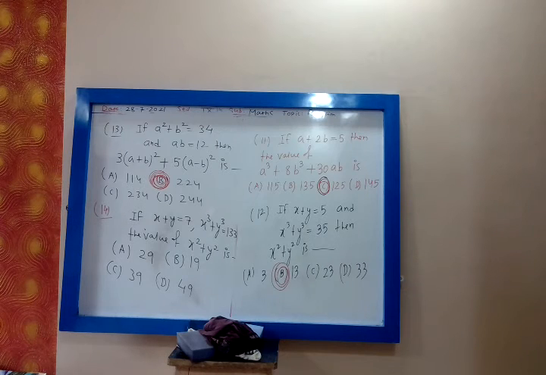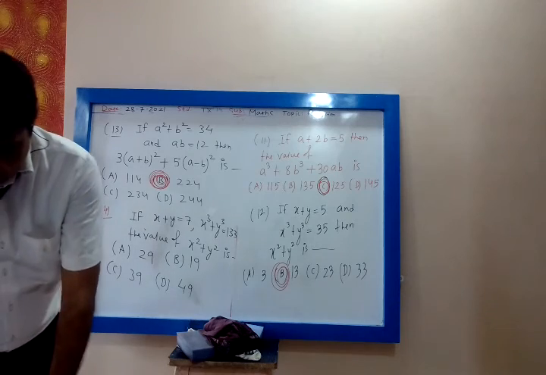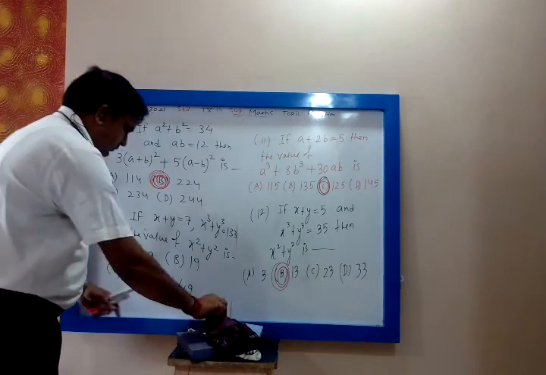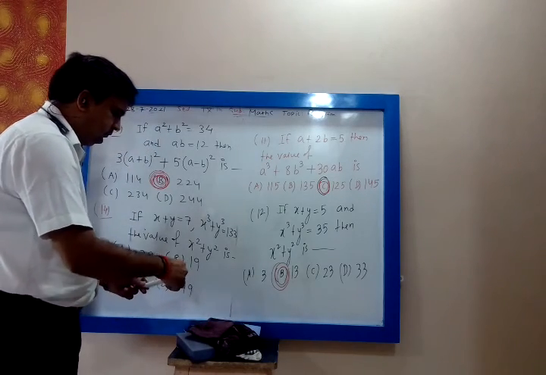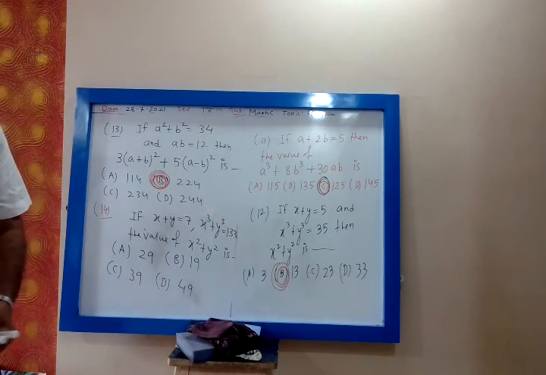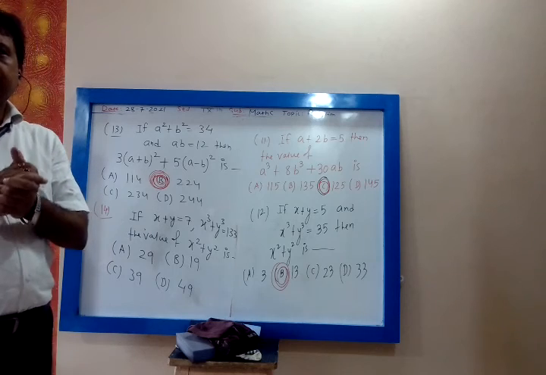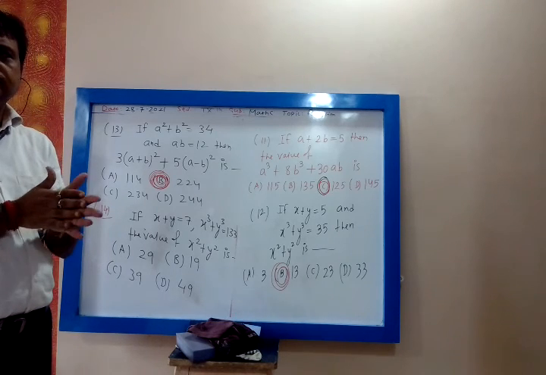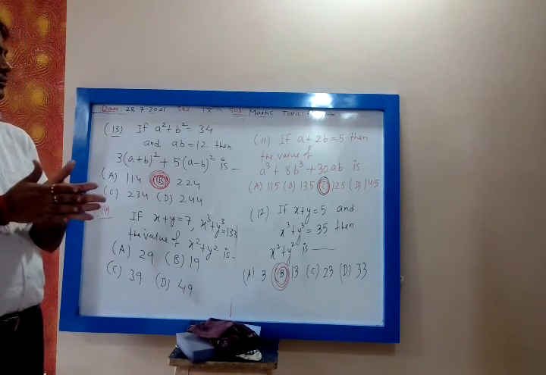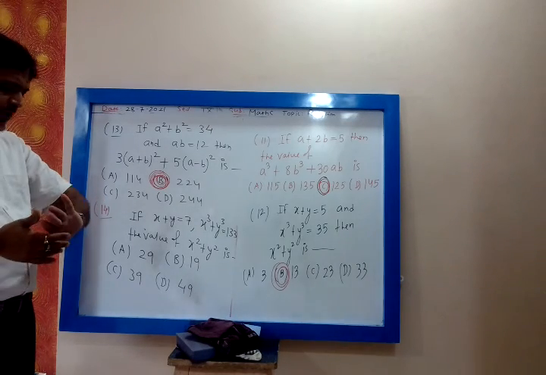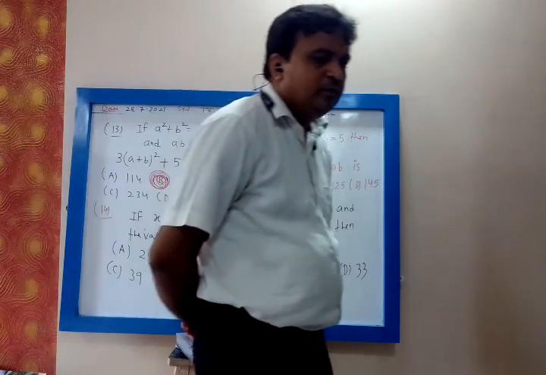x plus y is 7, x cube plus y cube is 133, find the value of x square plus y square. Get the answer. One minute is there.